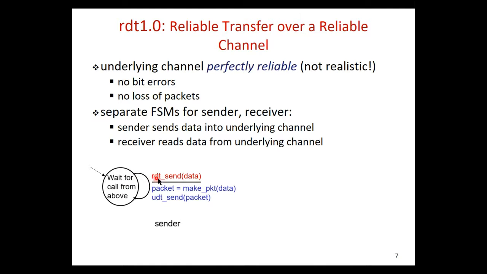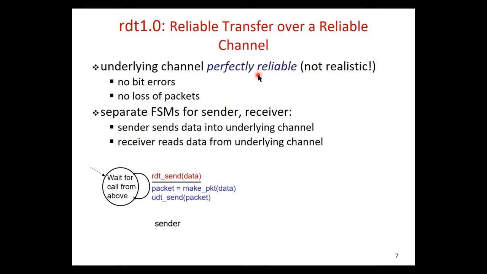When there's data to be transmitted, rdt_send(data) is the triggering event. The action it takes is simply to build the packet, make packet, put the data into the packet, and then send the packet over the underlying channel, which in this case is assumed to be perfectly reliable.